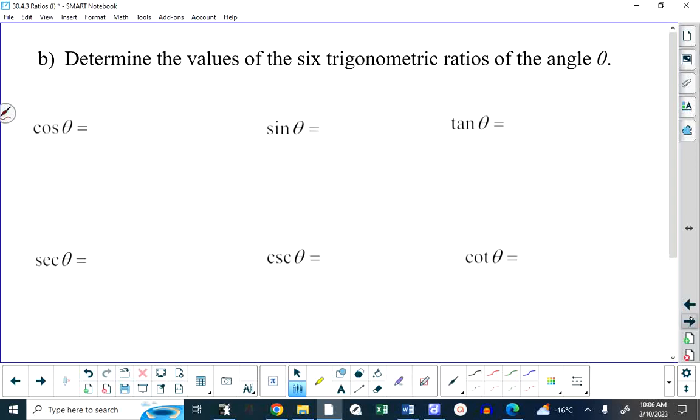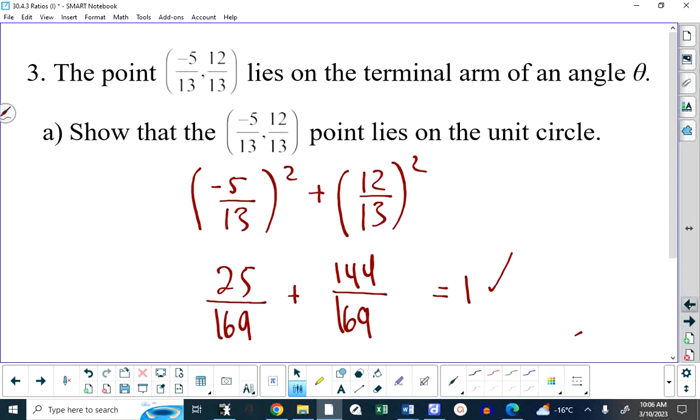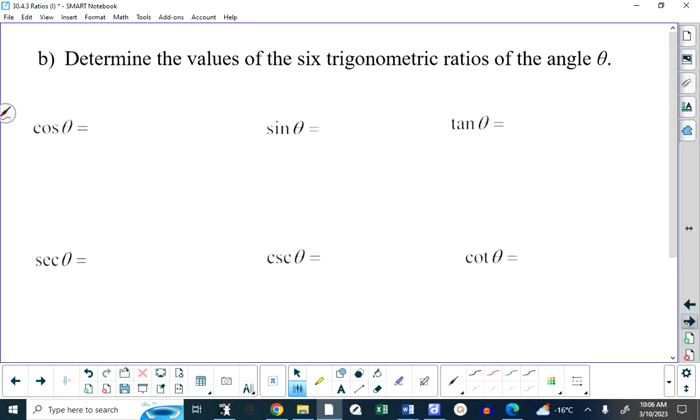What are the values of the 6 trig ratios? Well, it's on the unit circle. So cosine is the x-coordinate, negative 5/13. I don't think you even need to say divided by r, which is 1. On the unit circle, cosine is the x-coordinate. What is the sine of the rotation angle? Well, it's 12/13 because it's on the unit circle.